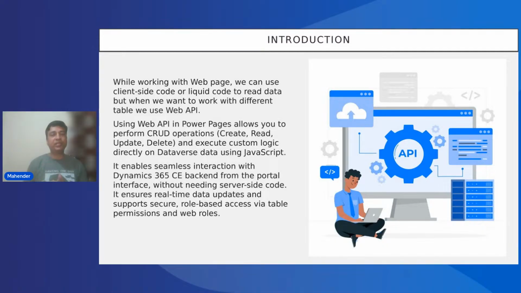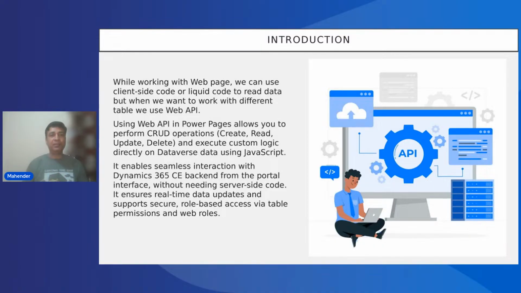In that case, we cannot use simple JavaScript. We have to use some mechanism where we can retrieve the data of the secondary entity, and once we have the data, we can perform our logic based on it. So in those types of situations, the web API comes into the picture.